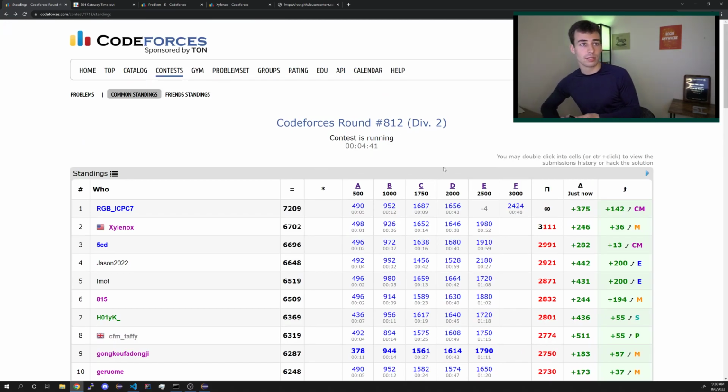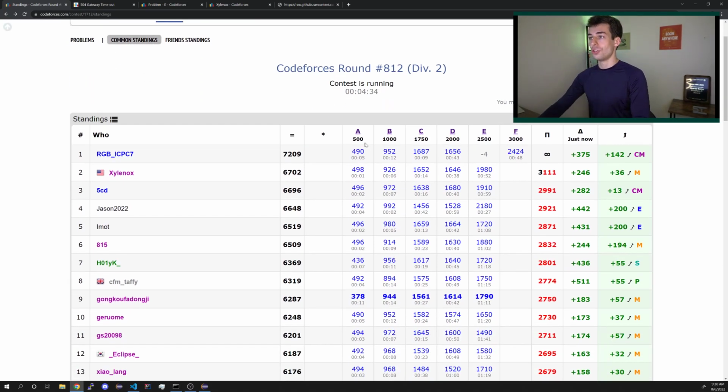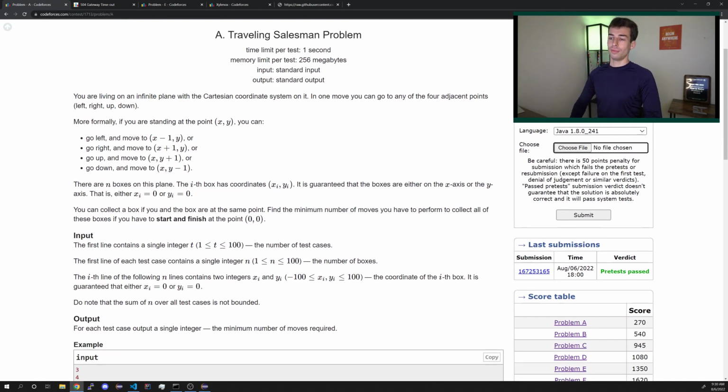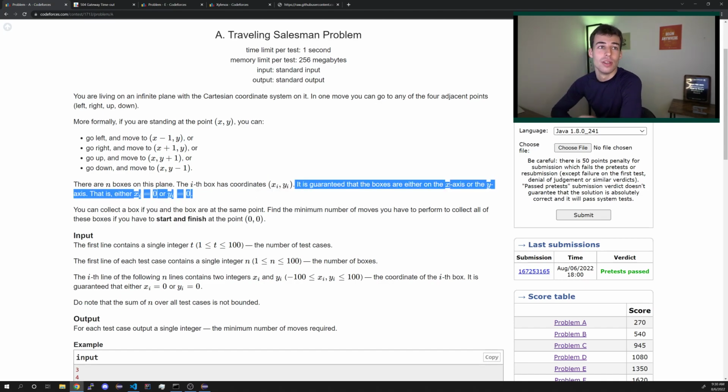Okay. Yeah, so I guess let's talk about solutions. Solution time. Okay, problem A. Yes. The most important part of this problem is this line right here. All of these points are either on the x-axis or on the y-axis.